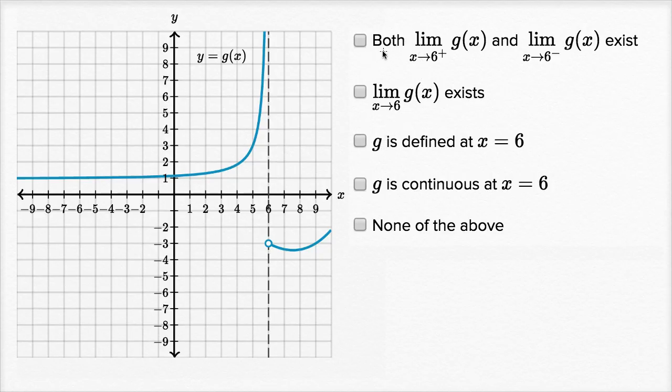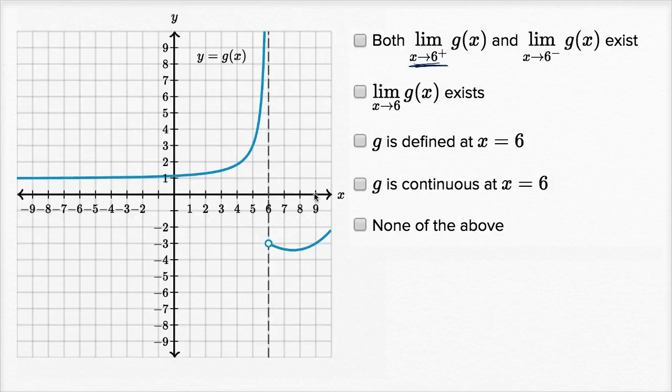This first statement says both the limit of g of x as x approaches 6 from the right-hand side and the limit as x approaches 6 from the left-hand side of g of x exist. So let's first think about the limit of g of x as x approaches 6 from the right-hand side, as we approach 6 from values greater than 6.